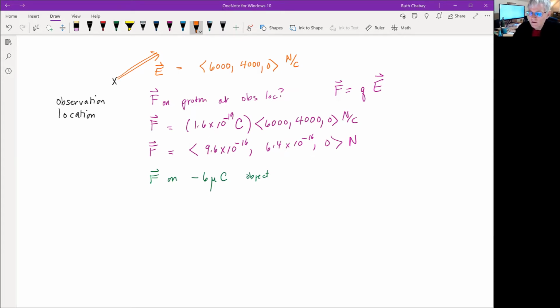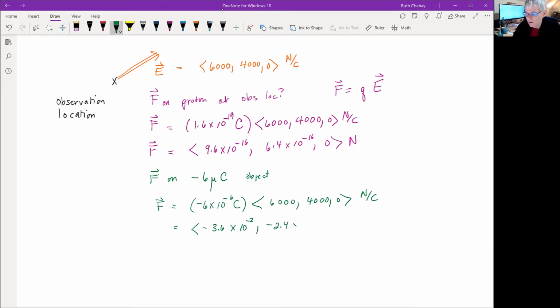Well, all we have to do to calculate the force is multiply -6 times 10 to the minus 6 coulombs times the electric field. And that's going to give us a force of negative 3.6 times 10 to the negative 2, negative 2.4 times 10 to the negative 2 newtons. And it's in the opposite direction.